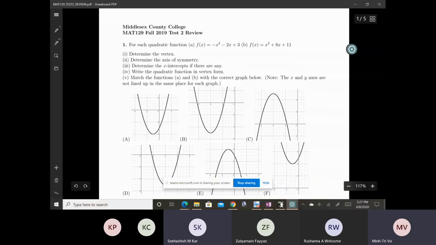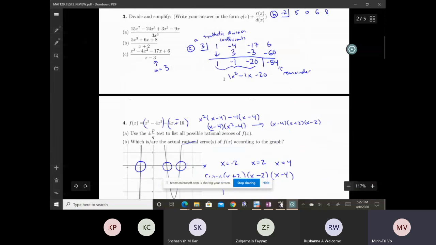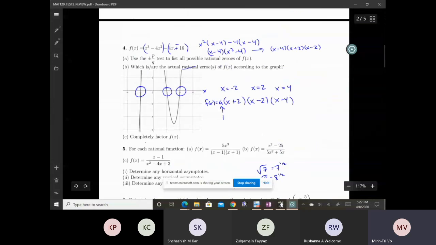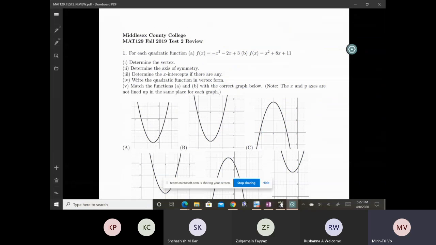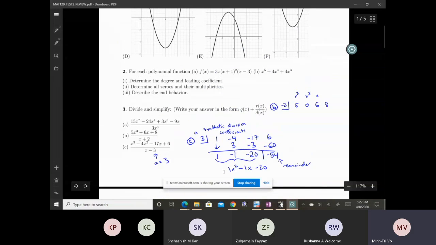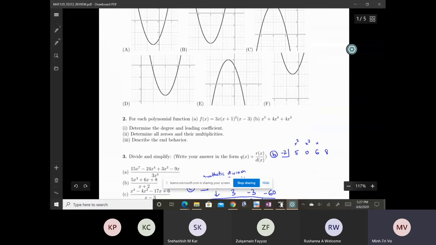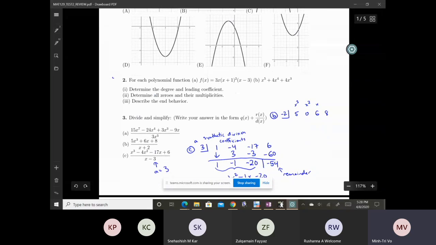I think I went over this last time, but each of these problems covers different topics. Problem 1 was from section 5.1. Problem 2 was section 5.2.